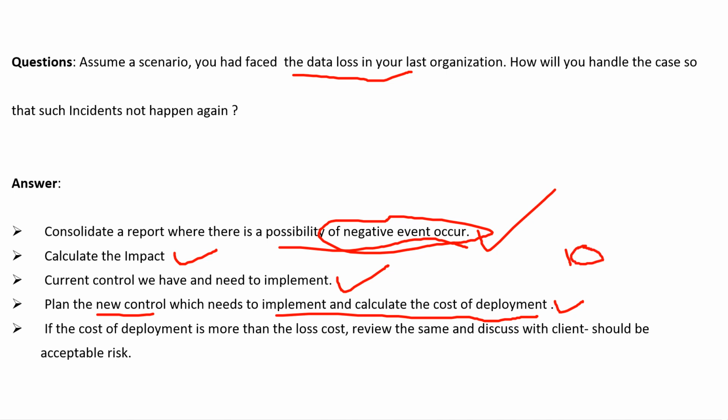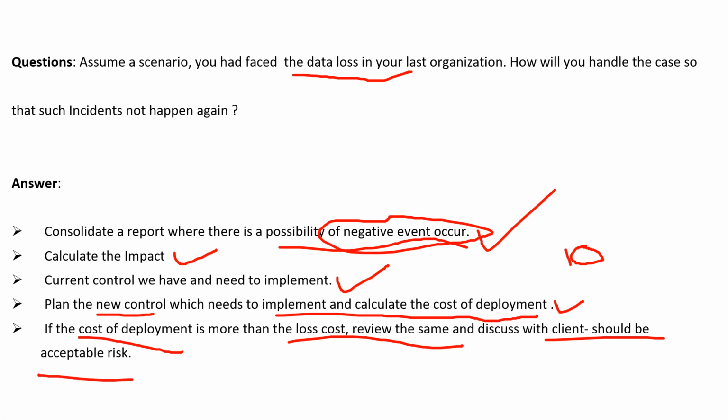For example, if something went wrong and we have a loss of around $1, and we are deploying a solution of $10, I think it's not a wise decision to spend $10 to prevent a $1 risk. The last point: if the cost of deployment is more than the loss cost, review the same and discuss with the client whether it should be an acceptable risk.